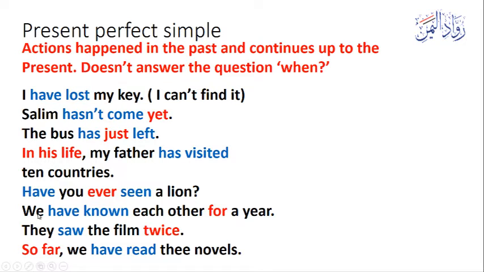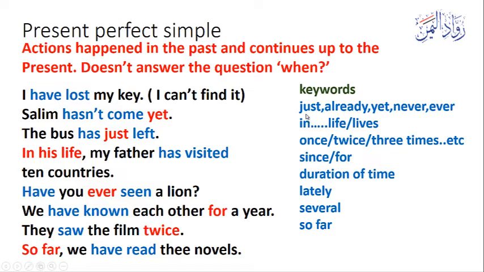We have known each other for a year. They saw the film twice. How many times? Twice. So far, until now, we have read 3 novels. Let's look at the keywords.